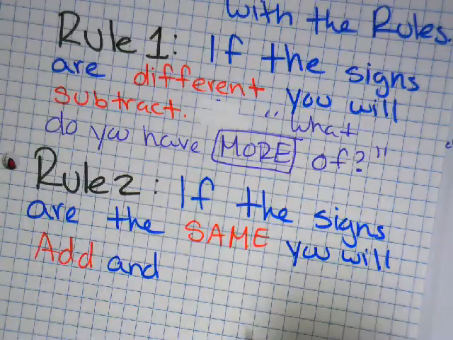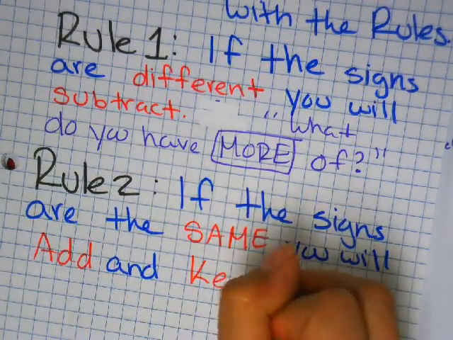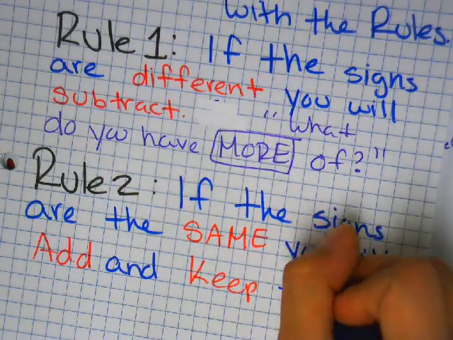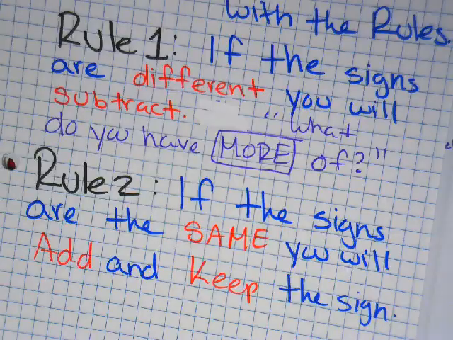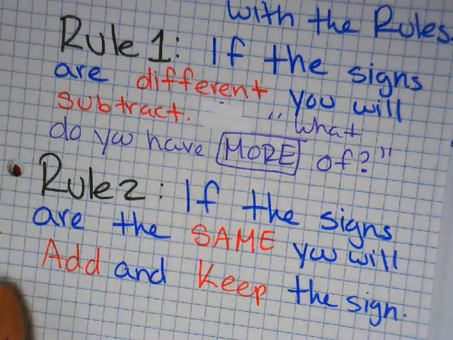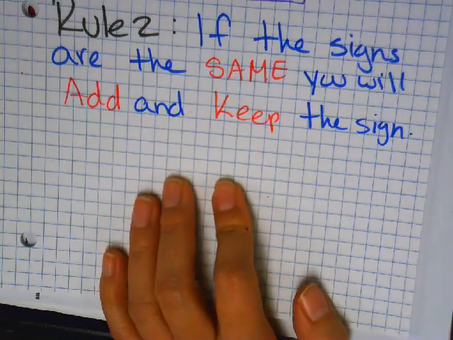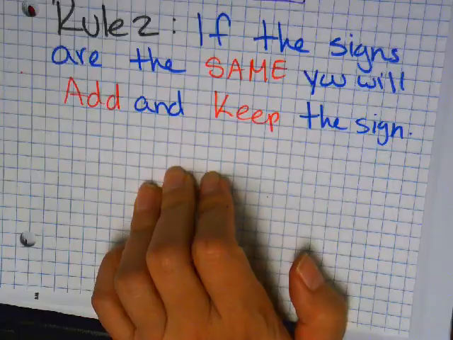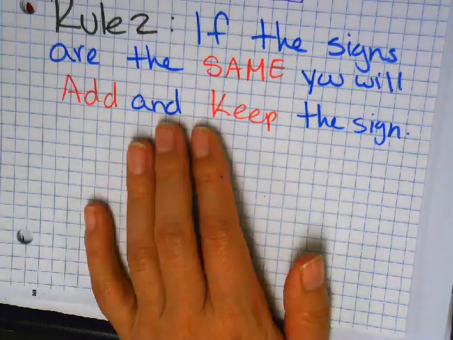So we say keep the sign. Keep the sign. Wow. I'm pretty sure, based on what second period told me, Miss Bañuelos and Miss Benavente taught you these rules. So they're somewhere in your brain. You just have to put them in the front.